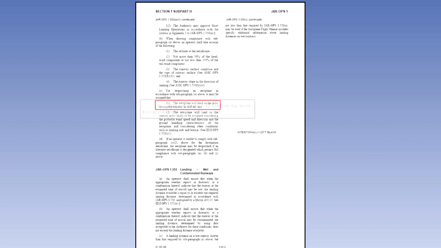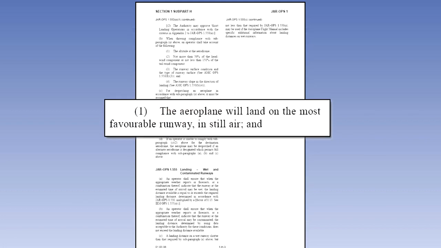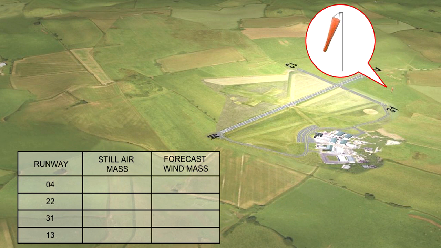The first assumption is that the aeroplane will land on the most favourable runway in still air or zero wind. This means that assuming zero wind at the destination airfield, the runway which would accommodate the largest possible landing mass would be selected, since that is the most favourable runway.